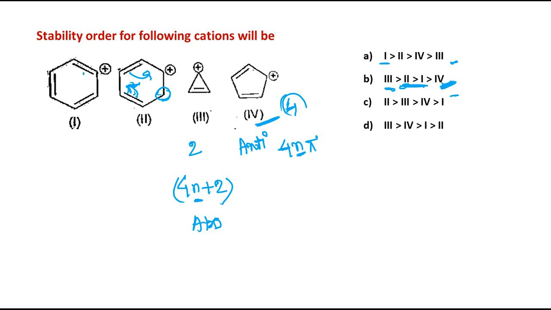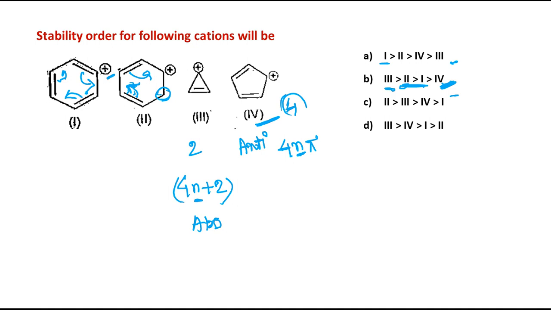But it has no influence on the resonance which we already know is present in the benzene ring, and even if there is a positive charge, it doesn't matter, because this positive charge is not influencing the resonance which we see in the benzene ring.